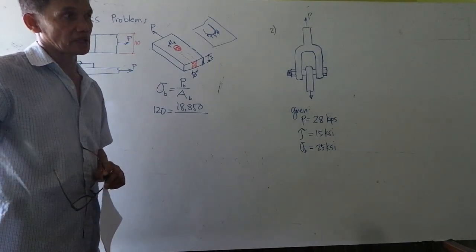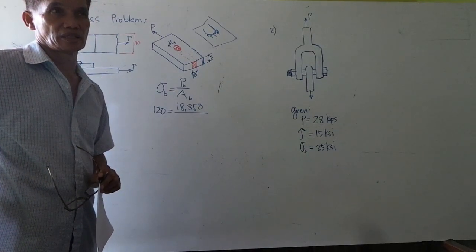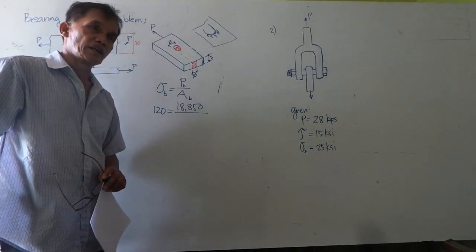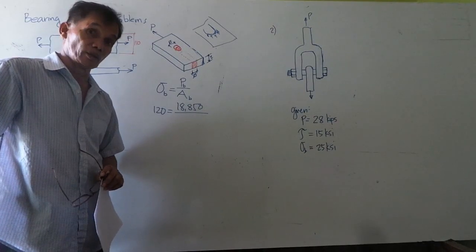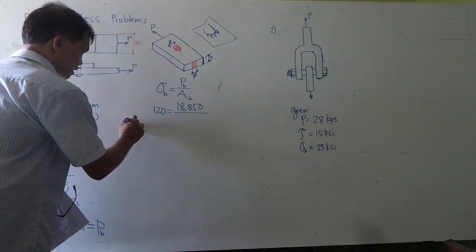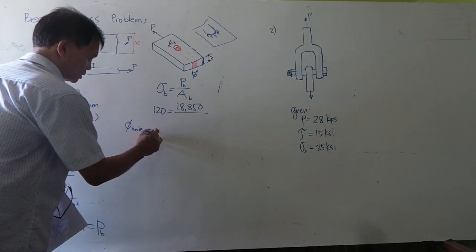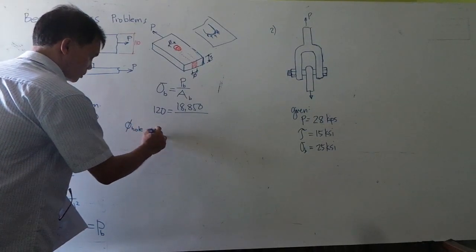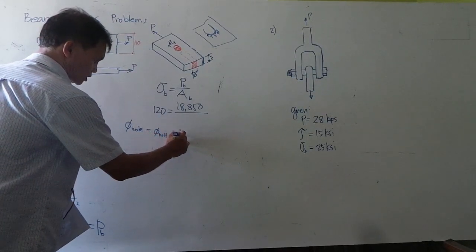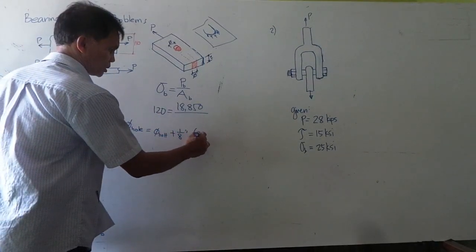In structural design practice, we consider the diameter of the hole to be greater than the diameter of the bolt by 1/8 of an inch, or 3 mm. So the diameter of the hole is equivalent to the diameter of the bolt plus 1/8 inch, or 3 mm.